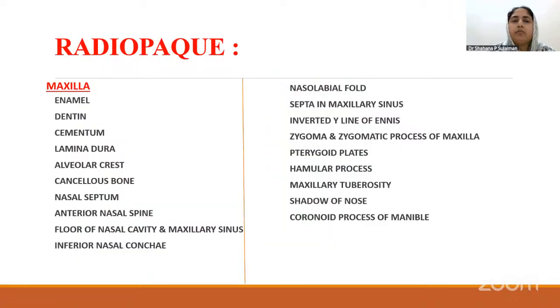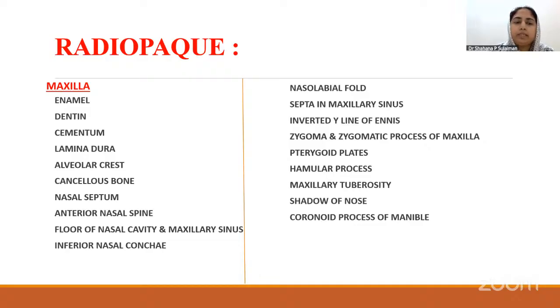This is the list of anatomical landmarks that appear radiopaque in the maxilla. The structure common to maxilla and mandible is the tooth, with enamel, dentin, cementum, lamina dura, alveolar crest and the cancellous bone, which appear radiopaque.